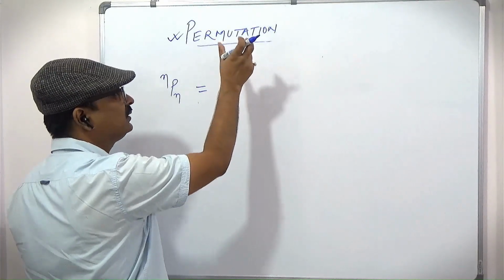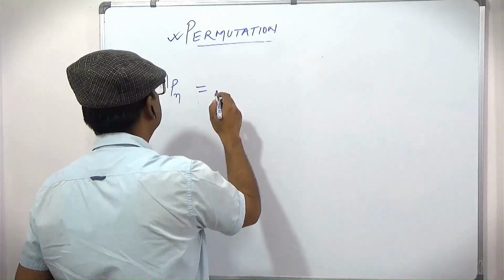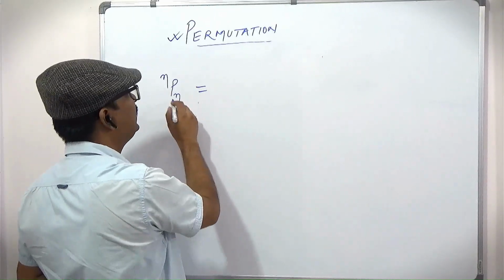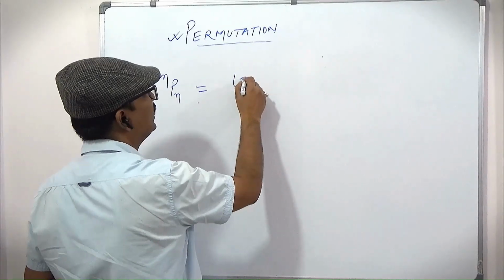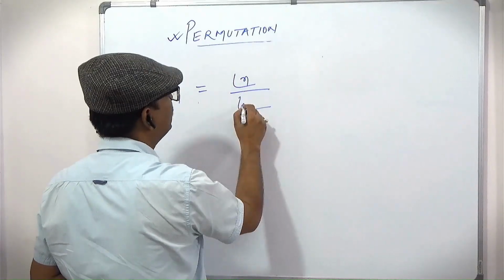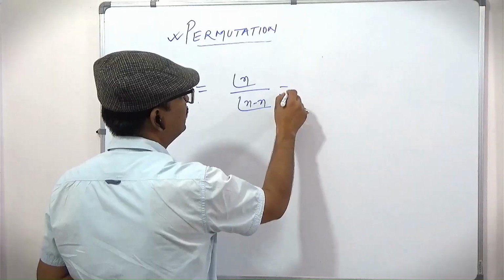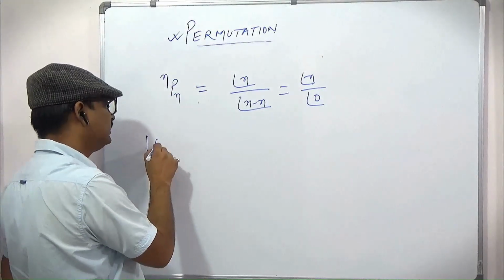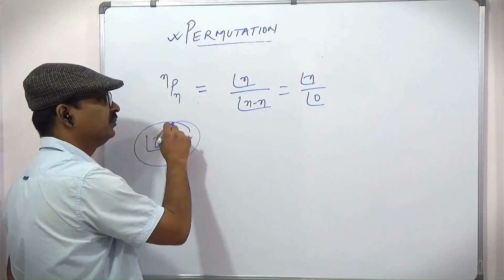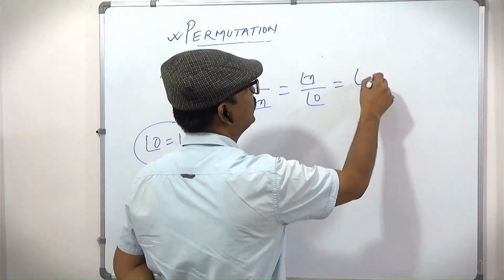There were four letters taken four at a time at that place. Let's see what is nPn. If four letters are taken four at a time, this will be equal to factorial n by factorial n minus r, that is n minus n, that is factorial n by factorial 0. Factorial of 0 is equal to 1. You should remember this. So this is equal to factorial n.